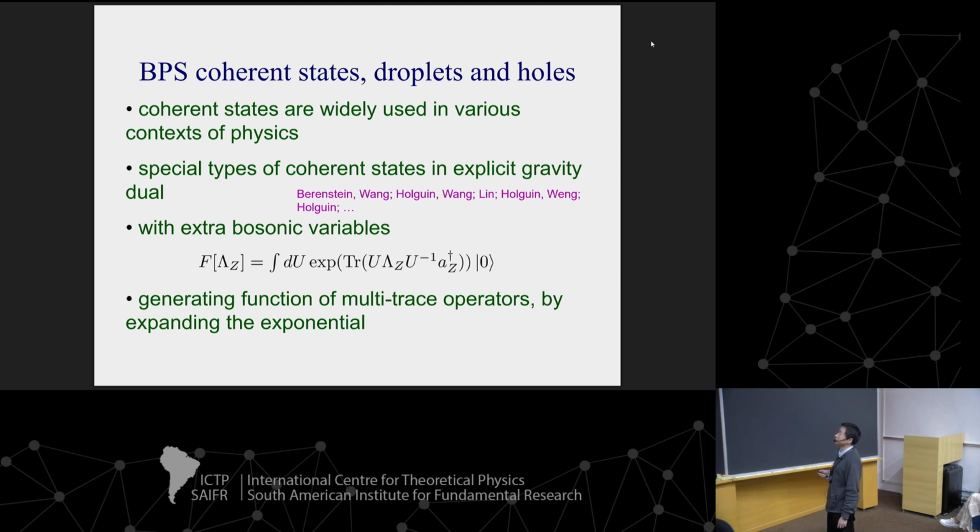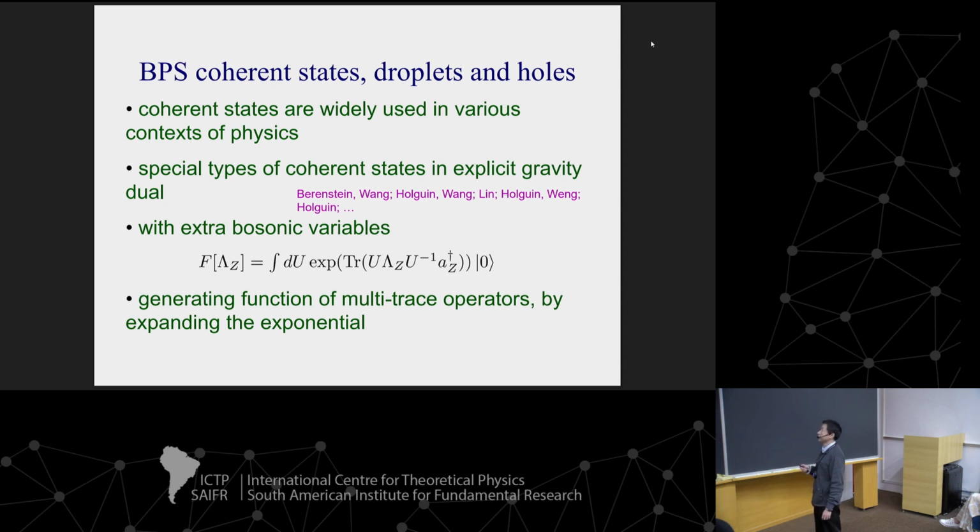Another new feature of the state is that there's a U, and the U is an element of the gauge group. The U can be interpreted in two ways. One way is that U acts on the matrix coefficient lambda_Z.